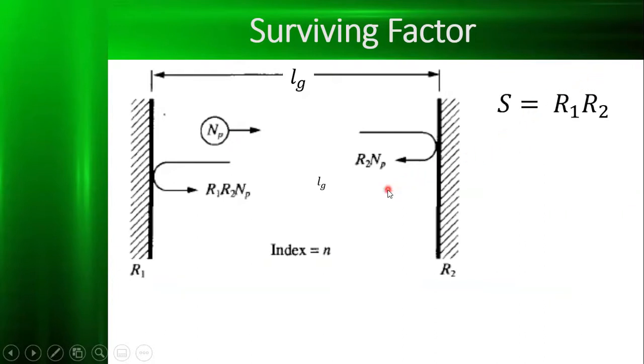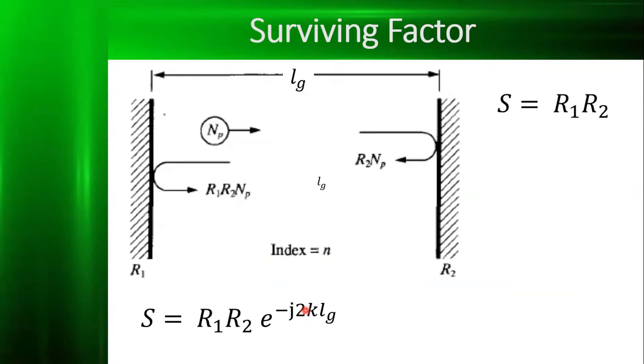This surviving factor can be R1 R2 e to the power minus j 2kL, where L is the distance between the two mirrors, and k is the propagation coefficient. However, what we did is that we put the condition of the frequency and the distance, if you remember, so that in resonance, this exponential turns out to be 1. So you have R1 R2, and based on this surviving factor, we have already calculated the photon lifetime in chapter number 4.